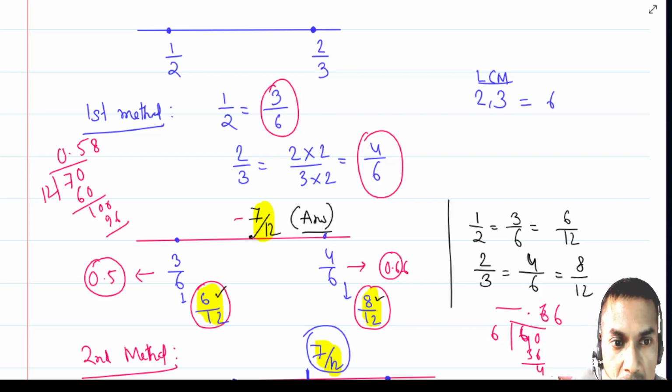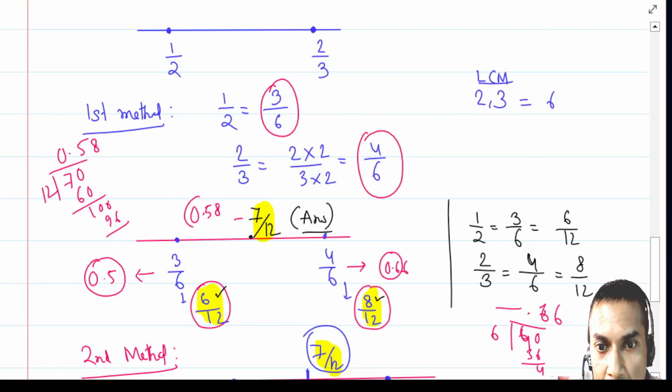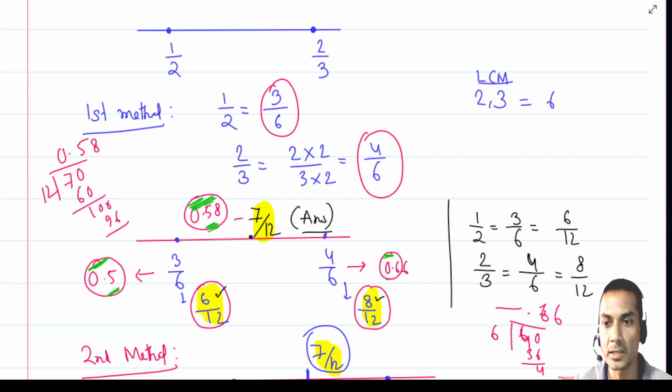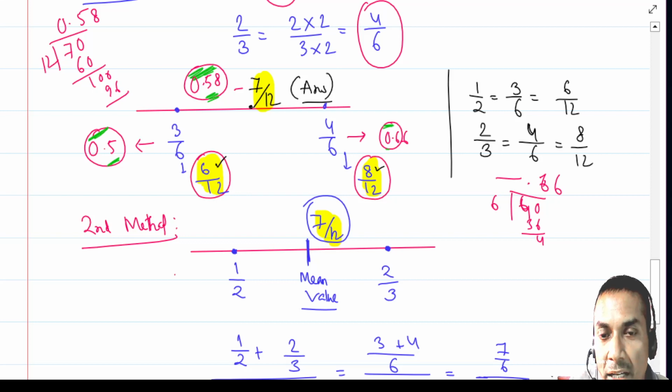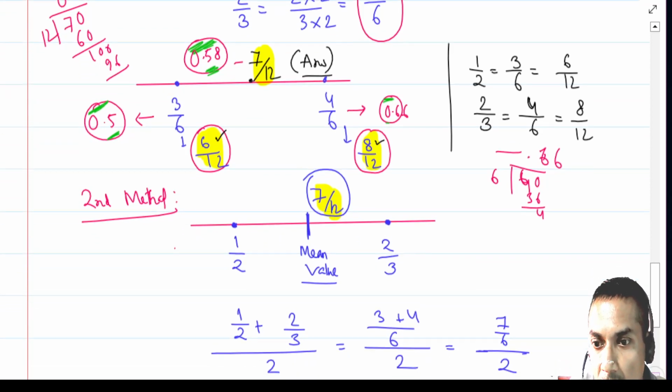It is equivalent to 0.58. So 7 divided by 12 is 0.58. Now highlight it. So 0.58 lies in between 0.5 and 0.66. So our answer is correct. So always verify your answer with this shortcut method.